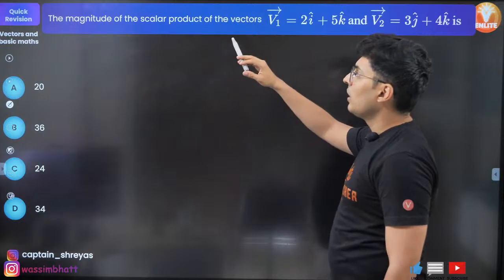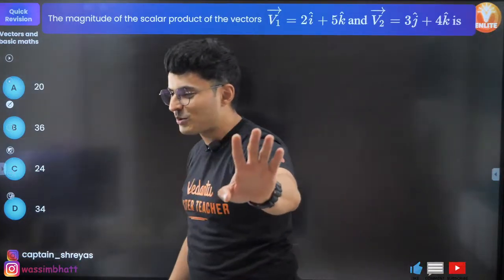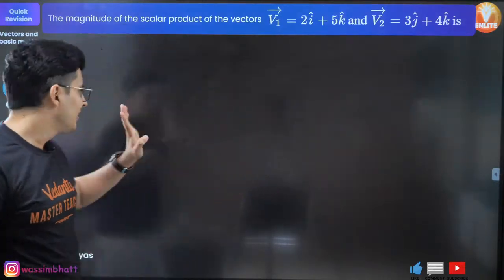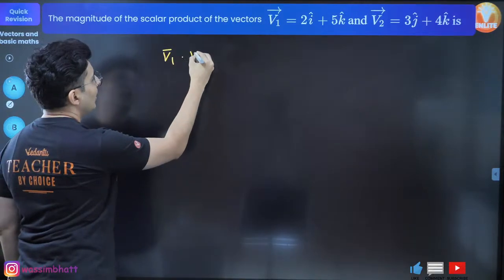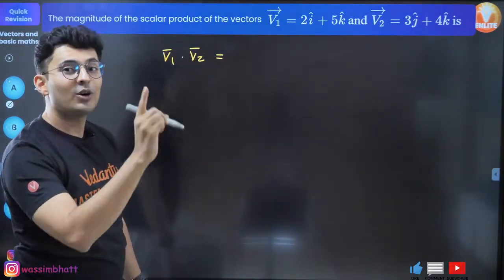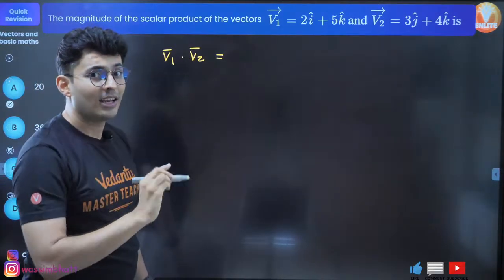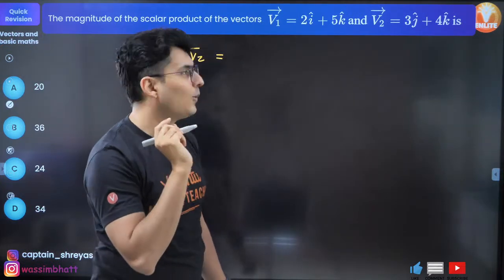Now moving on to the next one. The magnitude of the scalar product of the vectors, this and this. When it's scalar product, it is very simple. V1 dot V2 is, remember, i goes with i, j goes with j, k goes with k. i dot j is 0, j dot k is 0, k dot i is 0.